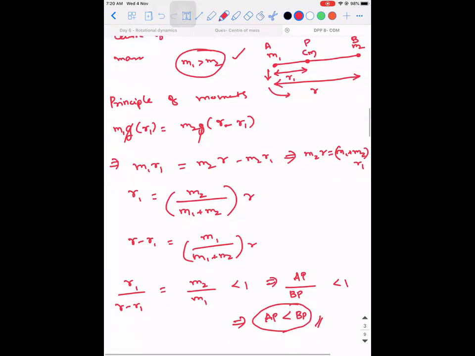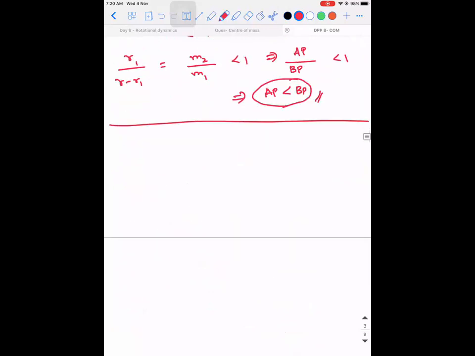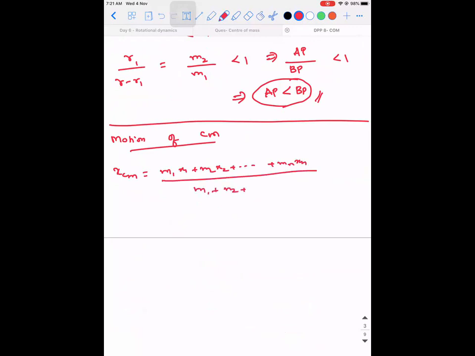Okay. So now we'll go about the motion of center of mass. I'm taking the x coordinate of center of mass as m1 x1 plus m2 x2 plus so on till mn xn, the whole divided by m1 plus m2 plus so on till mn.